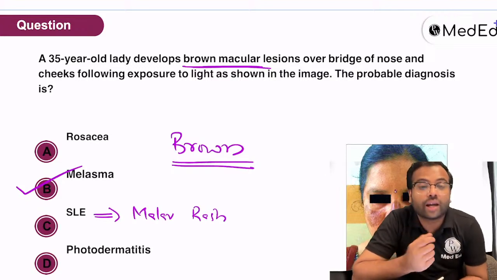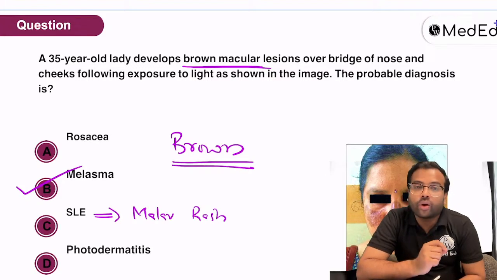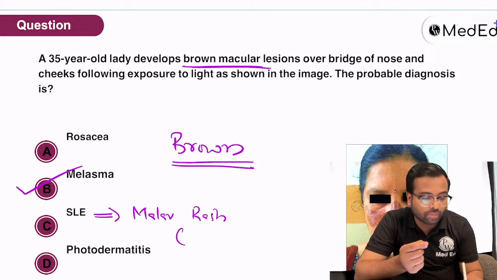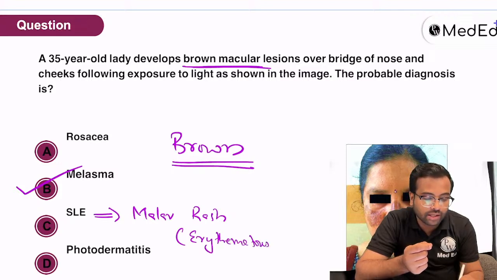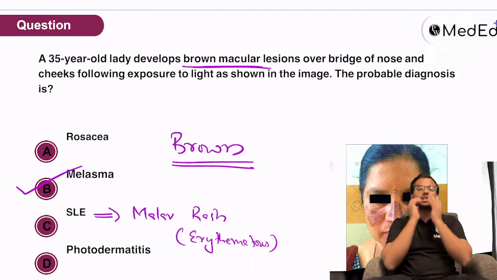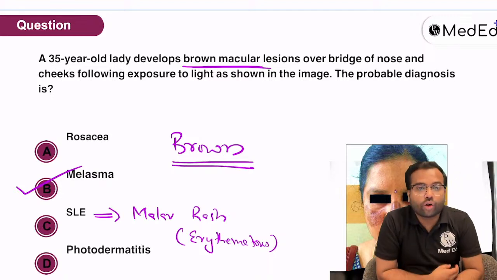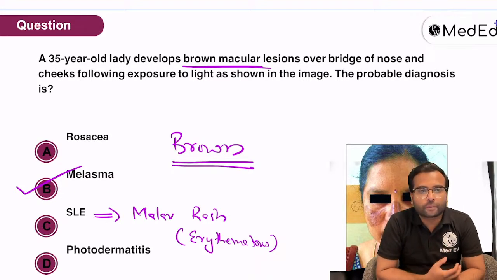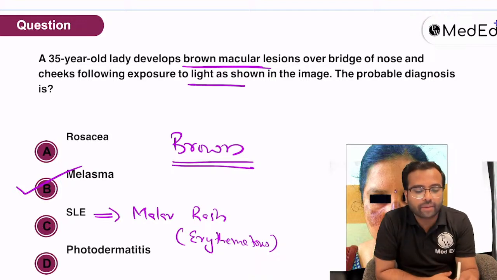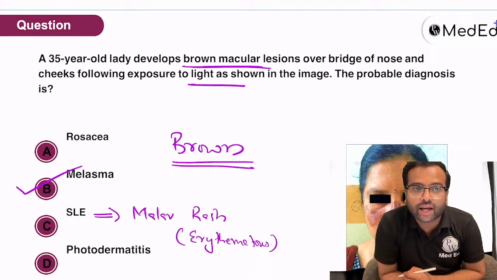But what is the color of a malar rash? Is it brown or is it red? So please remember, malar rash is going to be erythematous. It should be a red colored rash which you can see over the skin. There is nothing wrong in your thought process, because malar rash can be seen as a photosensitive rash as well.